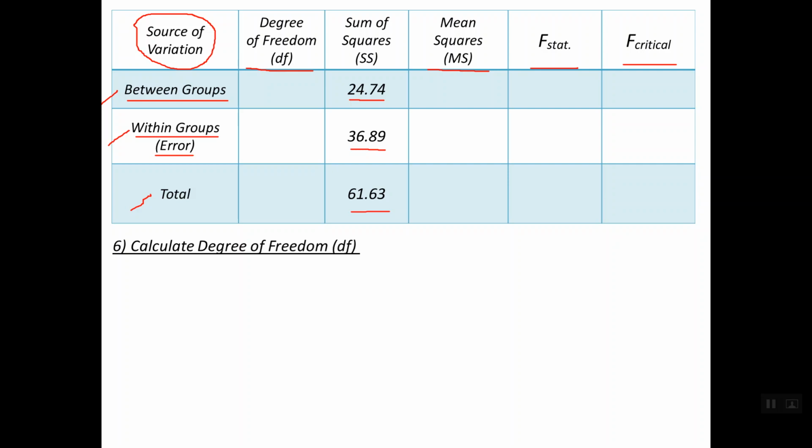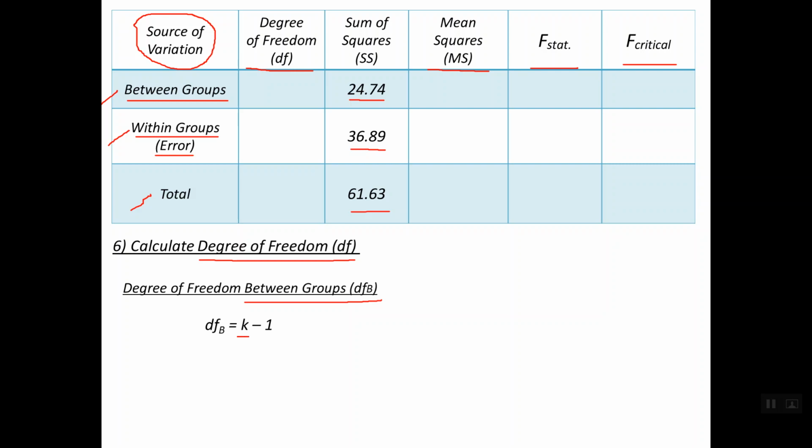Now let's talk about the degree of freedom. First, we need to calculate the degree of freedom between groups, DFB. The formula for counting the degree of freedom between groups is very simple.